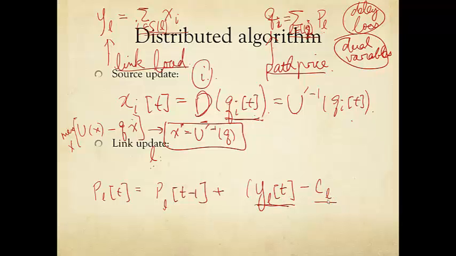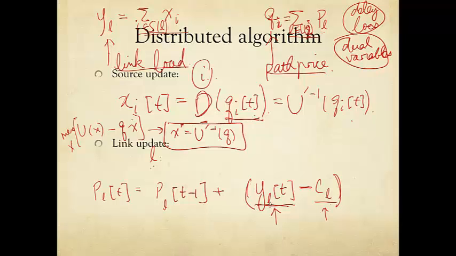This is demand, this is supply. Supply is fixed, because we assume fixed capacities on each link L. Demand is dynamically changing based on the price that you have been generating. The difference between demand and supply on your link is the direction of change. Does it make sense? Yes, it does.